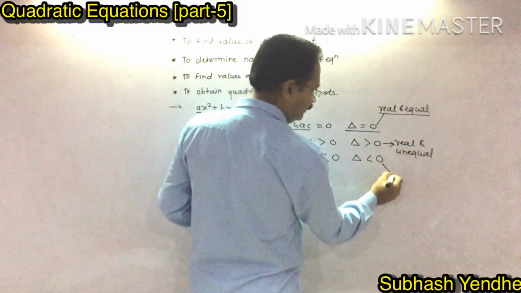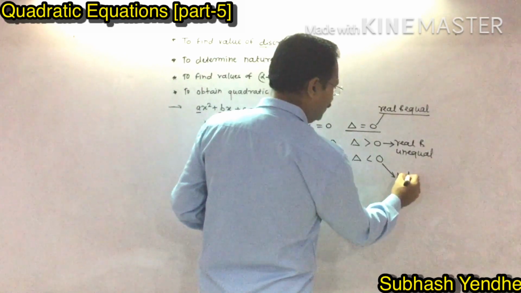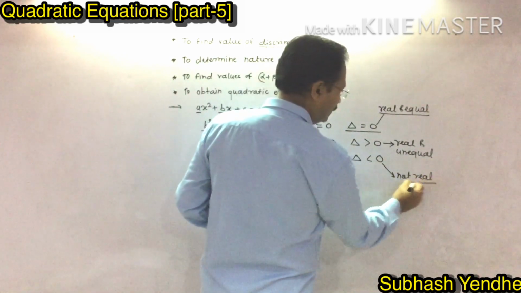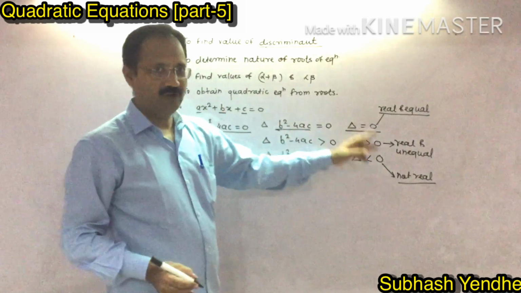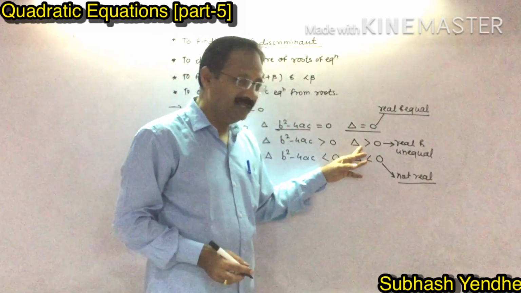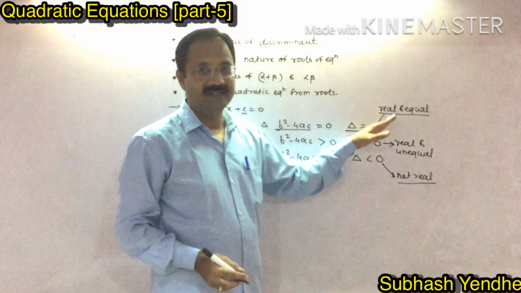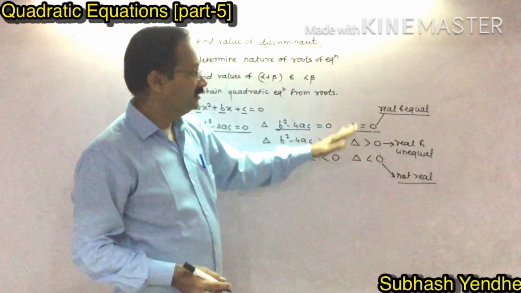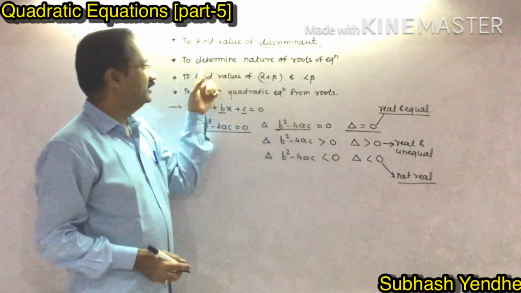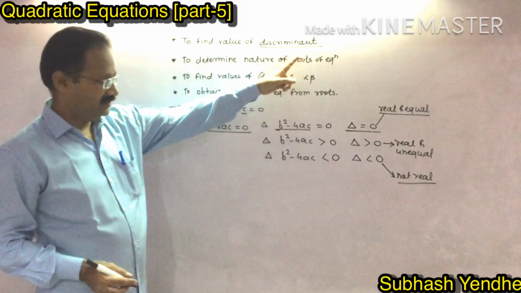And if it is less than 0, the nature of the root is not real. If it is greater than 0, then real and unequal, and if it is equal to 0, then real and equal. These are the 3 things to determine the nature of the root of an equation.